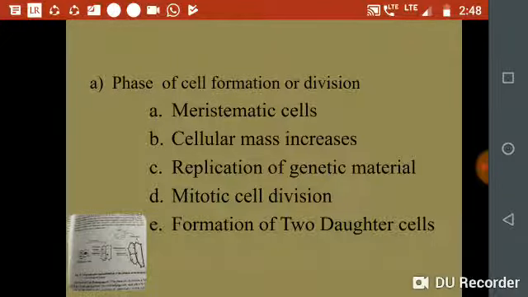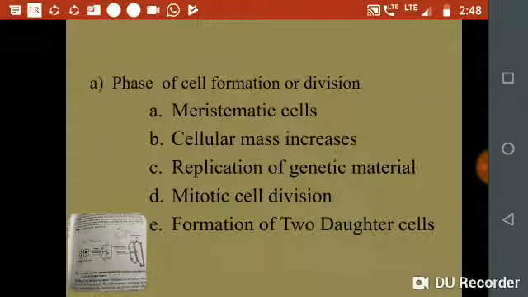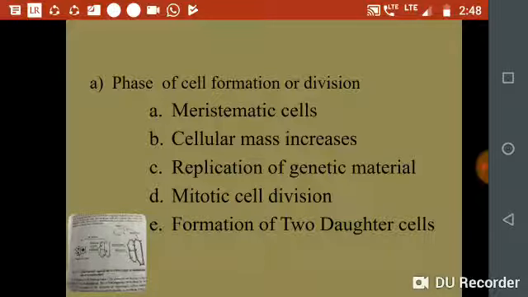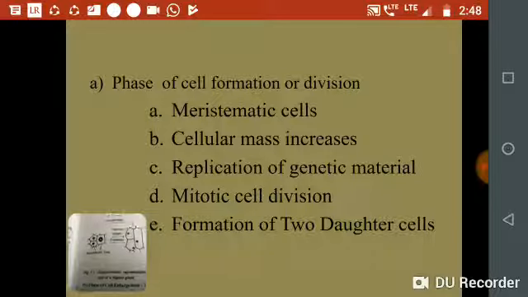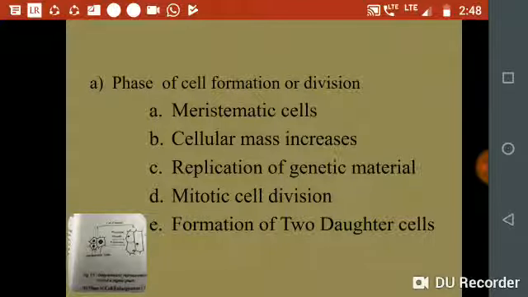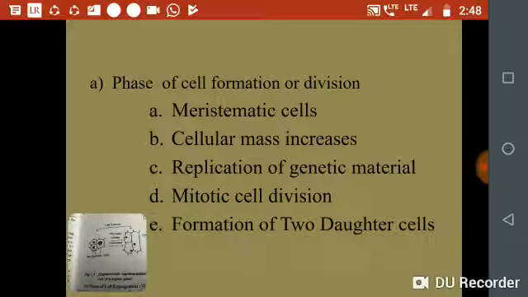Second one is phase of cell enlargement, and last one is phase of cell maturation. In every cell, the growth takes place with these three stages or phases. Every cell responsible for growth must pass all these three phases.